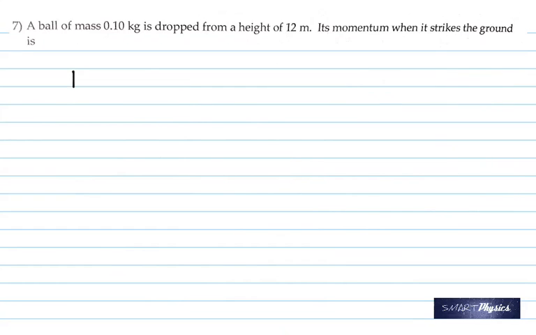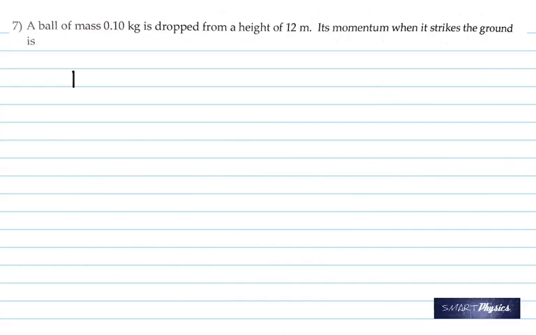Here, a ball of mass 0.10 kilogram is dropped from a height of 12 meters. And we have to find its momentum when it strikes the ground. Momentum is the product of mass and velocity.